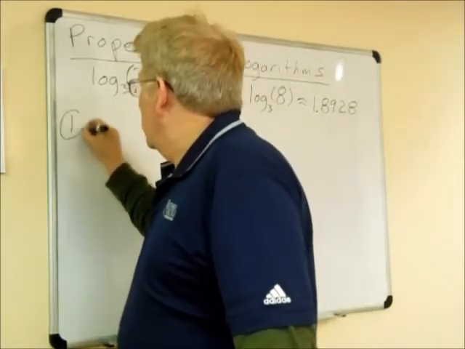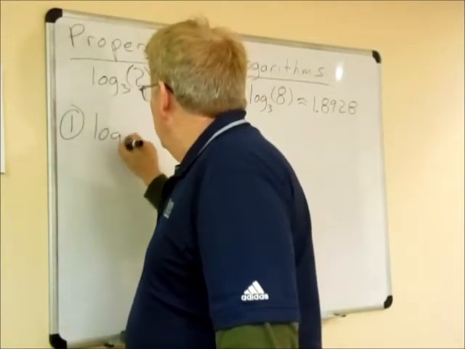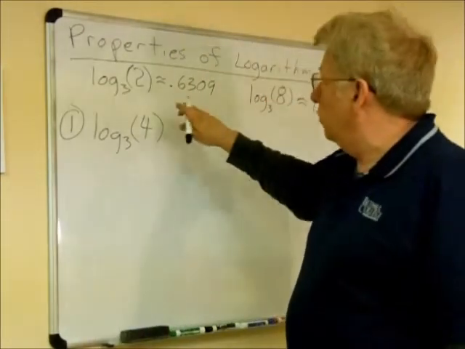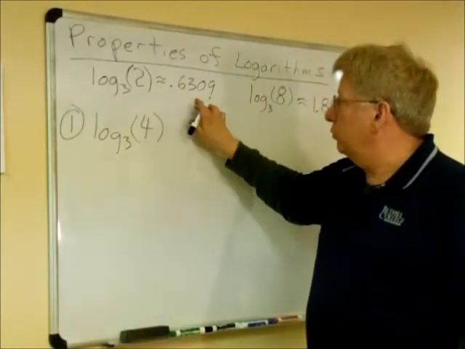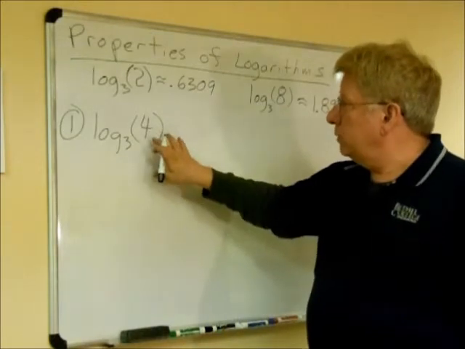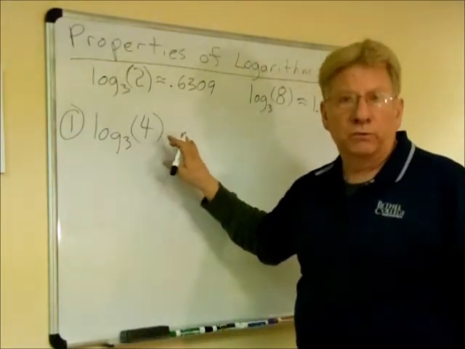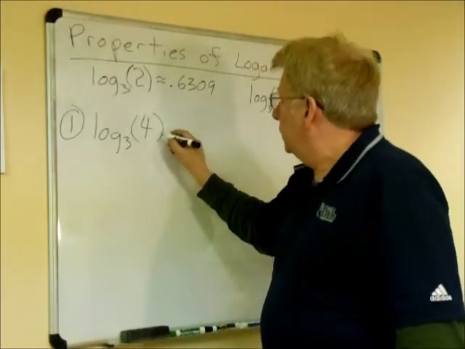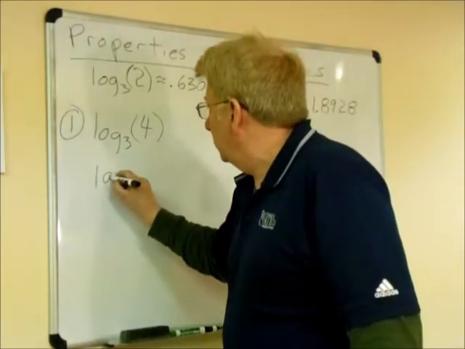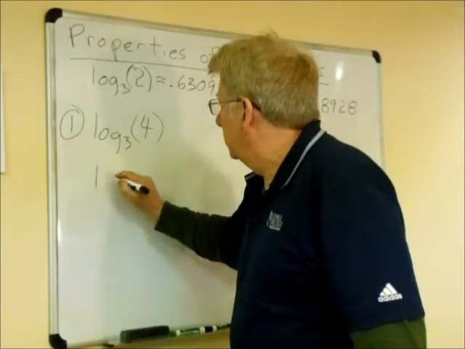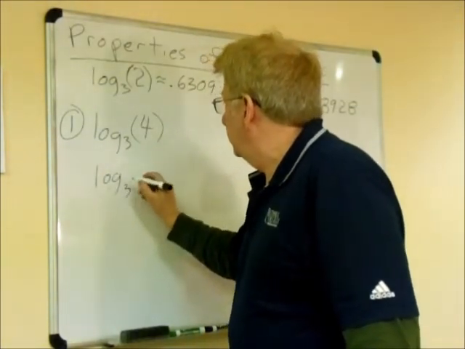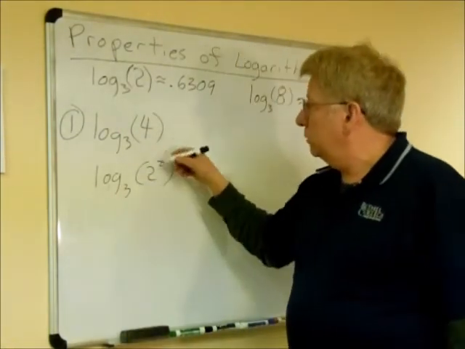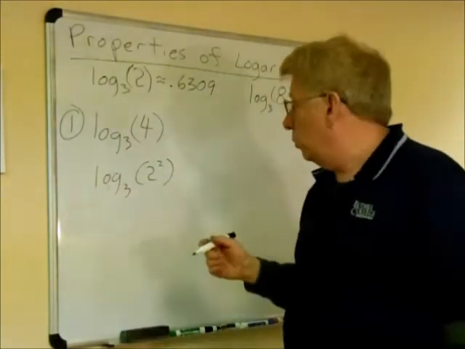Now we have two examples that are going to take advantage of that. So example 1, if we have log to the base 3 of 4. Now remember, we were given the log to the base 3 of 2. So we're going to manipulate this so we end up with a log to the base 3 of 2 in some terms. So the way I do that is I look at this and log to the base 3 of 2 squared. 2 squared is the same as saying 4.